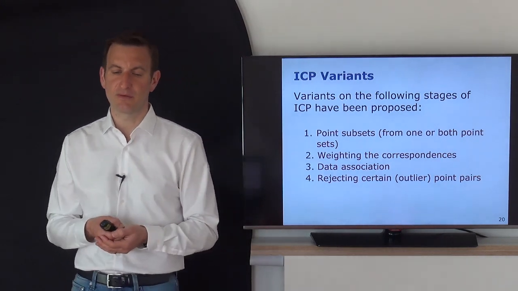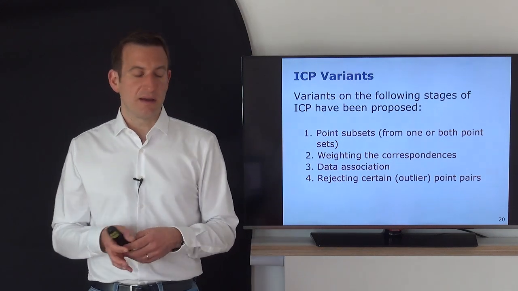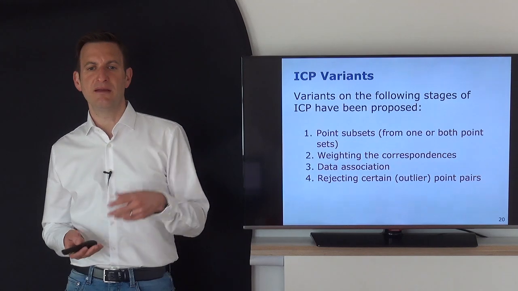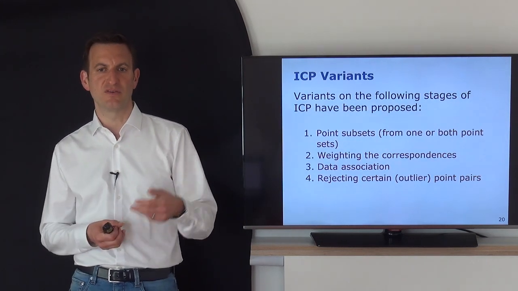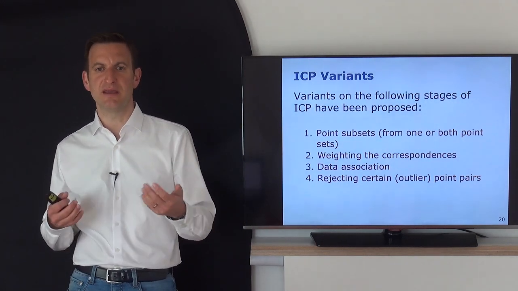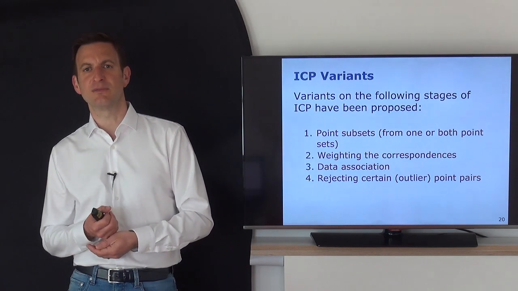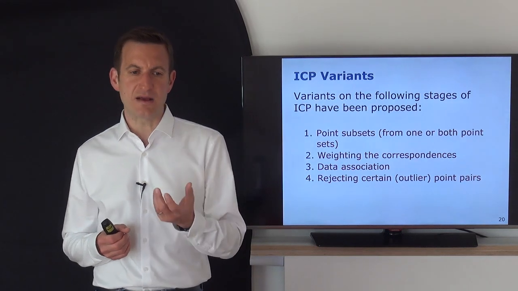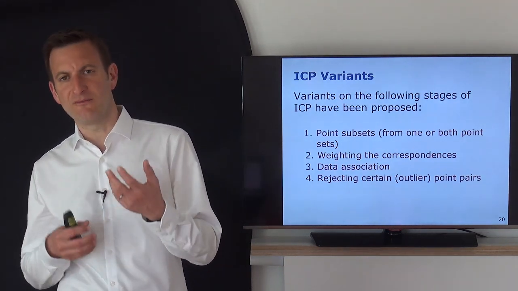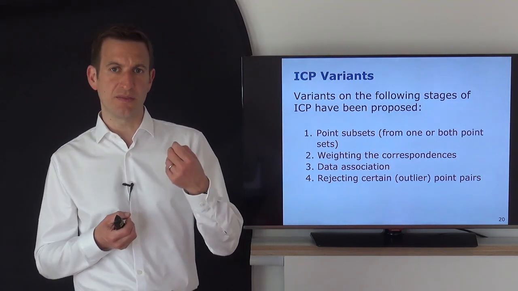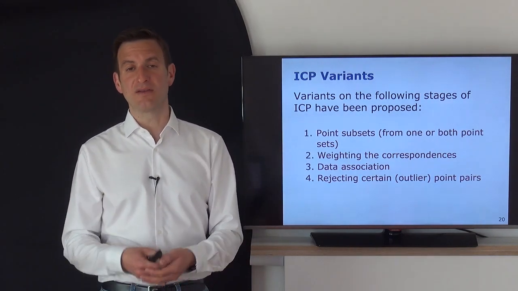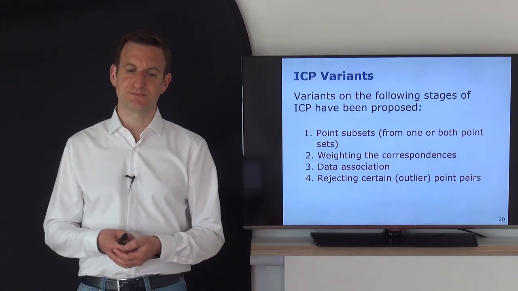The other thing I can take into account is weighting the correspondences of those points. So depending on the uncertainty that I have about my points, either measured points or maybe I even have some uncertainty information about the correspondences, I may want to exploit this and, for example, weight correspondences higher when I'm very certain about the data association or the quality of the 3D points, and maybe give a lower weight to points where I'm less certain about it.